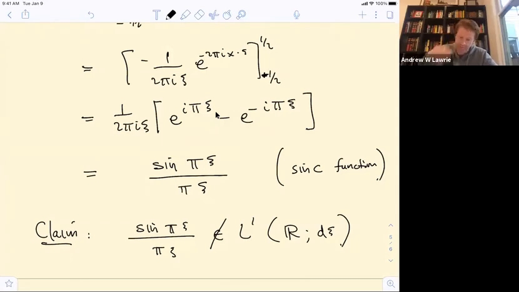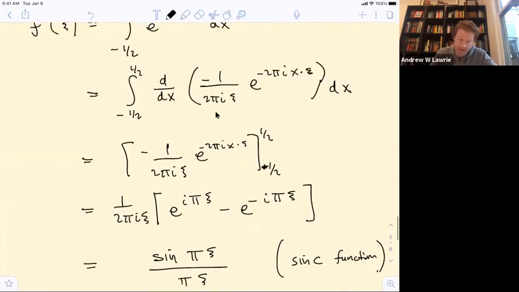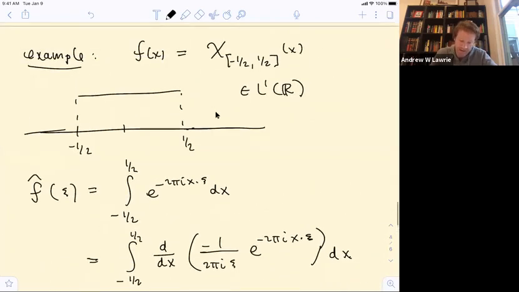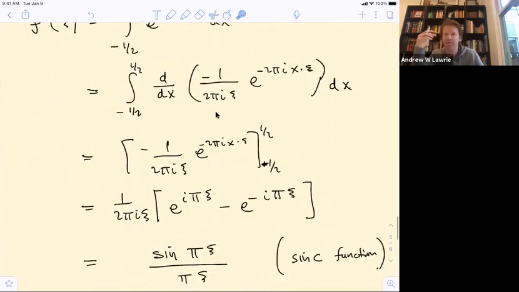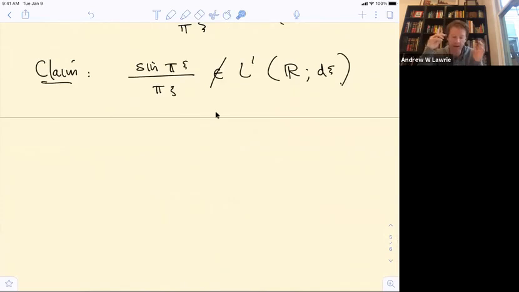If I like to get rid of the pi, I can make this interval 1 over 2 pi to 1/2 pi, get rid of the pi's everywhere, and then take 1 over pi of everything or something like that too. But in particular, this function you can do by hand, but this is not an L1 function.